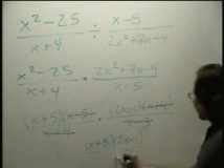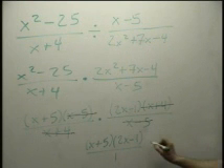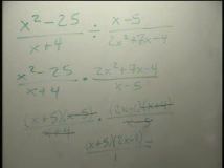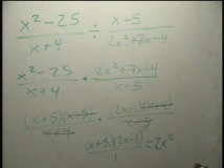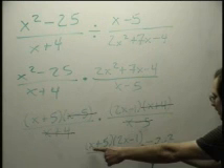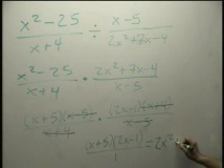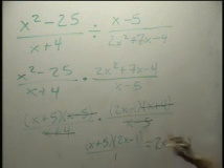And on the bottom, just a 1. Well, we don't need to write that. It's just the numerator then. And if we want, we can multiply those out. 2x squared minus x plus 10x is going to be plus 9x minus 5.